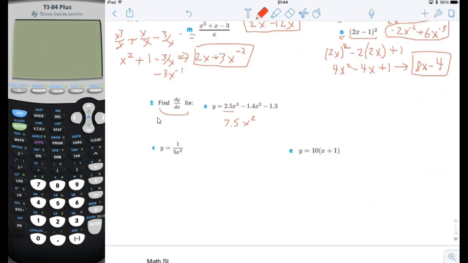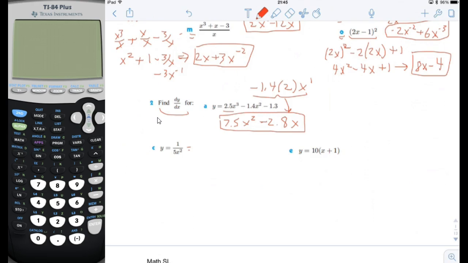The derivative of negative 1.4x squared would be negative 1.4 times 2 times x to the first. So that would be negative 2.8x, right? Do you see how that works? The derivative of negative 1.3 is just a constant, so the derivative of that part is 0. So we're just left with that.